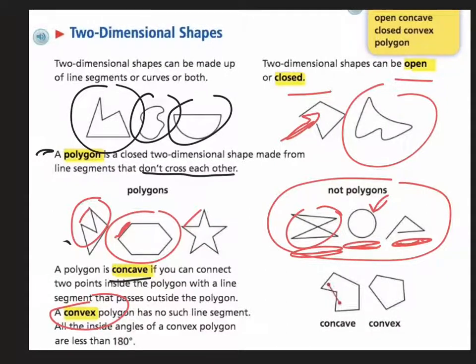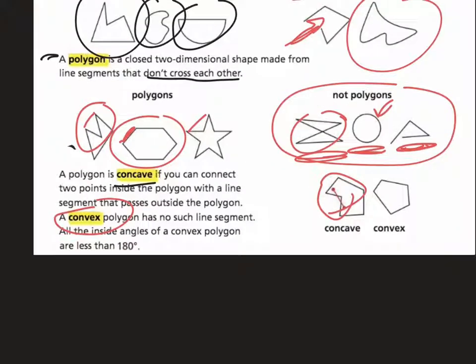Taking a quick look again at convex and concave, you see that you can join two parts of it. Right here, you can join two parts of it, so that would make it concave, and convex, you cannot join two parts of it. Something else that I want to point out real quickly is that all the inside angles of a convex polygon are less than 180 degrees.